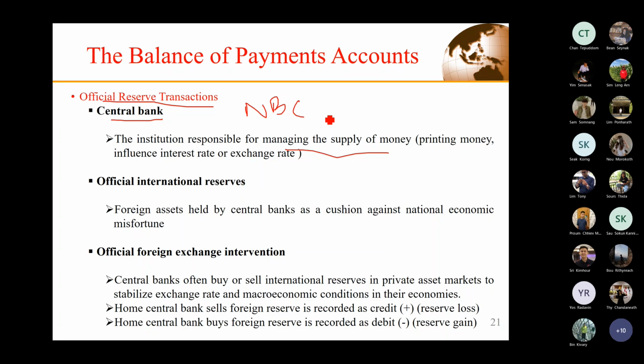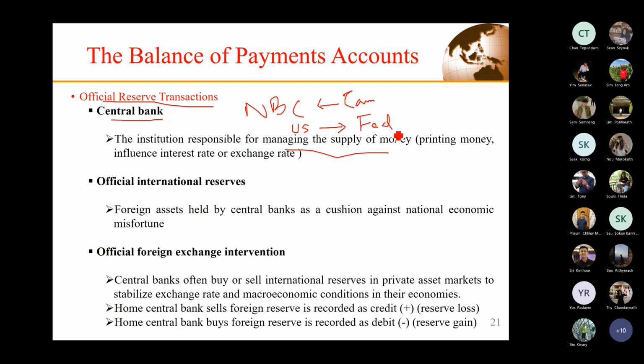And in the US we have the Federal Reserve. We call that the US Central Bank, the Federal Reserve, or the Fed for short.